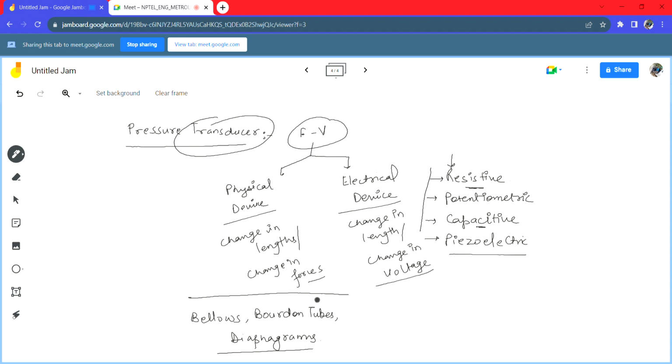Now let us move on and understand the physical properties and rather the physics of these devices which create a change in length due to the change in the forces.